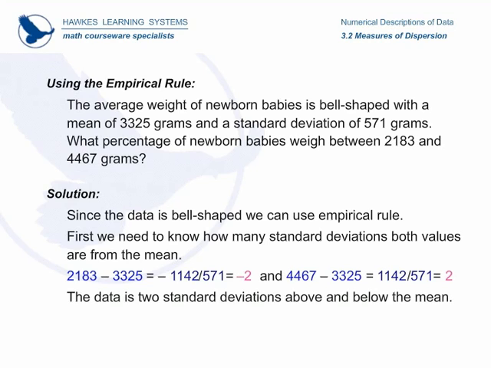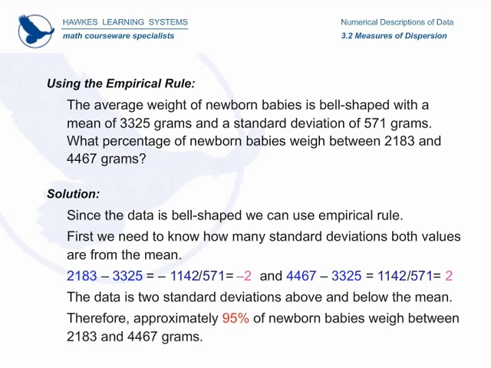The data is 2 standard deviations above, that would be the plus 2, and 2 standard deviations below the mean, and that would be the negative 2. So therefore, approximately 95% of the newborn babies weigh between 2,183 and 4,467 grams.